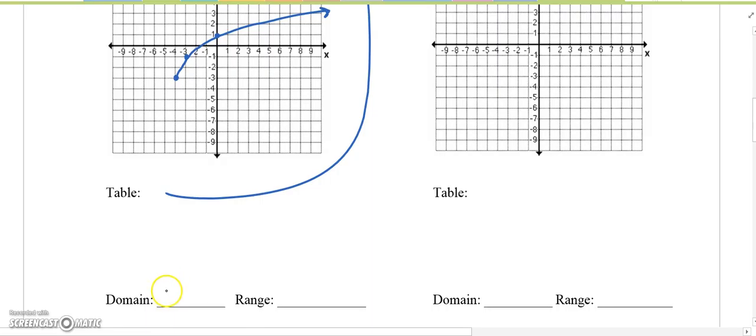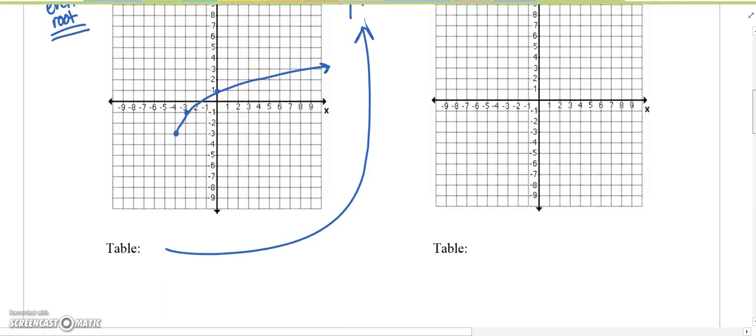I always start by saying all reals, and when it's an even root, that just means that I have a restriction. I can see based on my graph that X has to be -4 or bigger, so X has to be greater than or equal to -4. Range, that's Y. Y has to be 3 or bigger, so Y has to be greater than or equal to 3. And that's all there is to it.